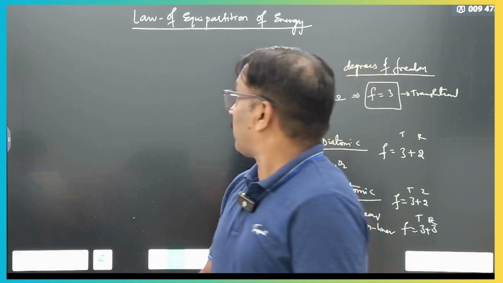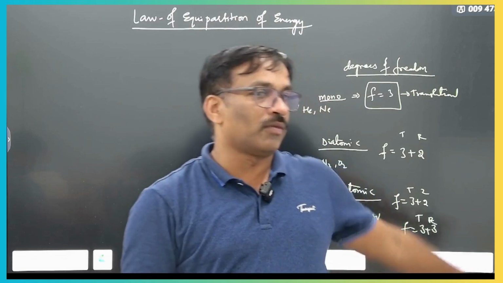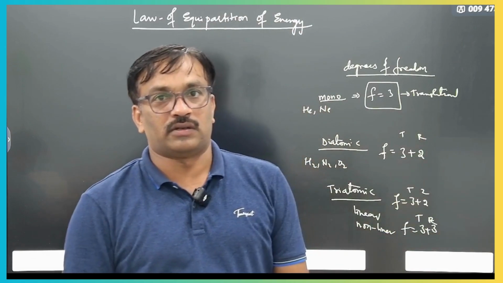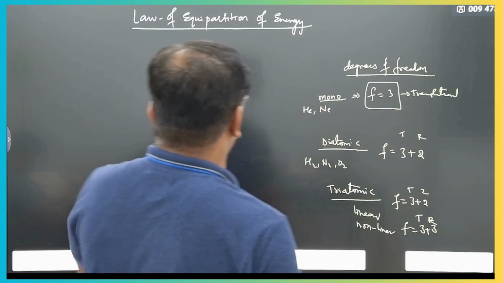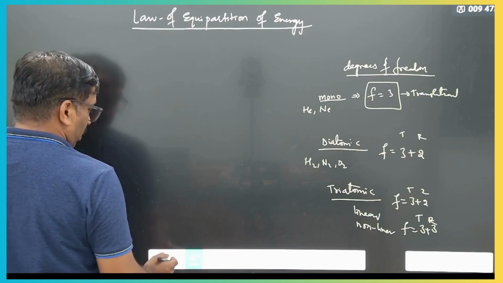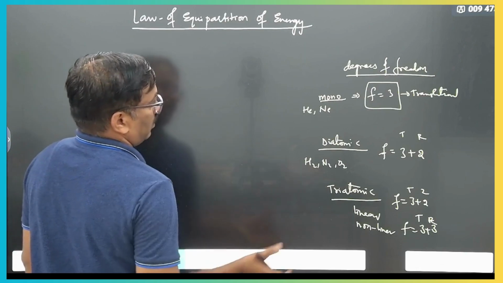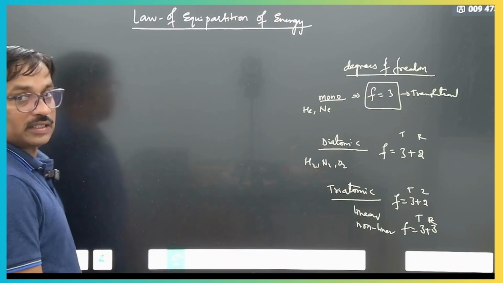So energy we have to divide equally among the degrees of freedom. That's all. So the statement is: the energy of a gas molecule has to be divided equally among its degrees of freedom.